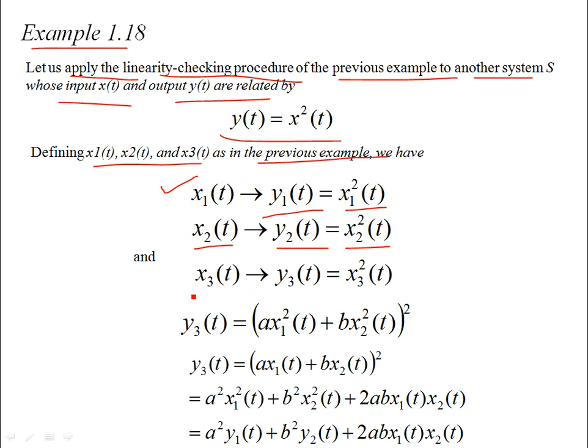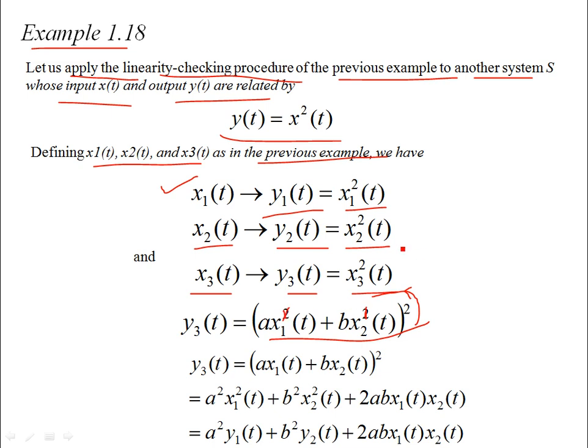Then let's have another input x3(t), for which the output y3(t) is x3 squared, and this x3(t) is defined like this. There's a mistake, just note that this is not the case.